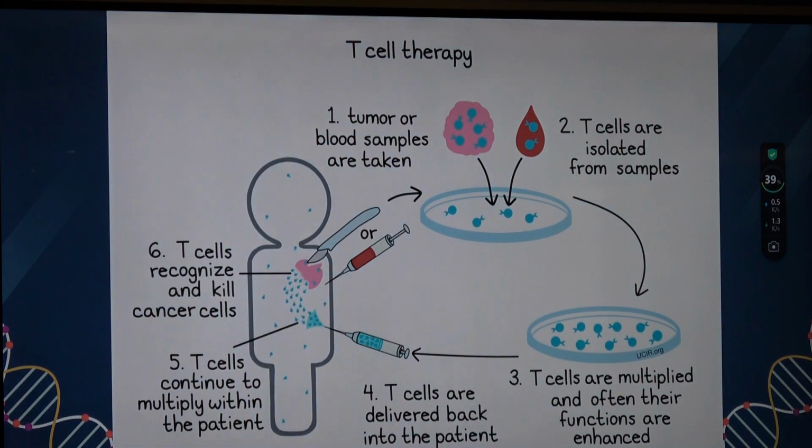And here we can see how they do that. They isolate the tumor samples, taking the tumor out, and attaching that to a T cell, and injecting that solution back into the human body to kill the cancer inside the patient.